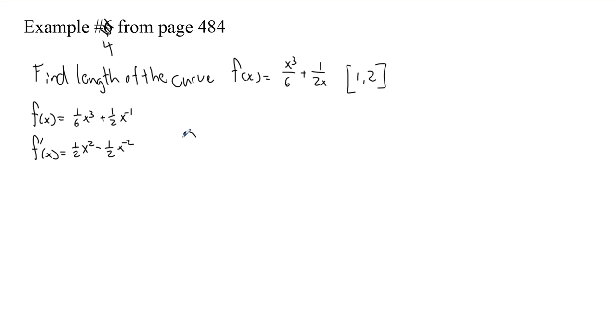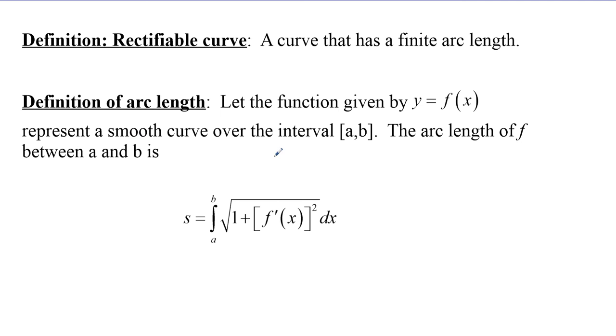Our arc length s is going to be the integral from 1 to 2 of the square root of 1 plus 1 over 2 x squared minus 1/2 x to the negative 2, and I can type that in my calculator just as it is with a dx, and don't forget your squared there. Right there's a square, so the first derivative squared.